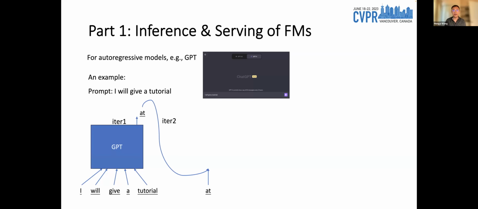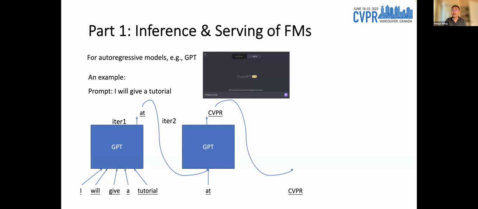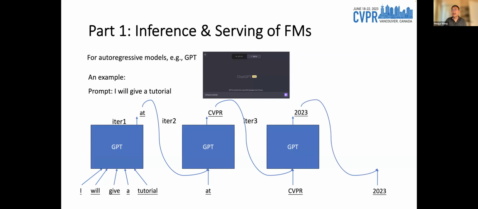So now my prompt will be, I will give a tutorial ad, right? Then the model takes all the previously generated text, containing my prompt and the previously decoded token, and computes the next token, right? Let's say CVPR, and then I give it again, right? That's the third iteration, and say 2023, and then until we get something, right?